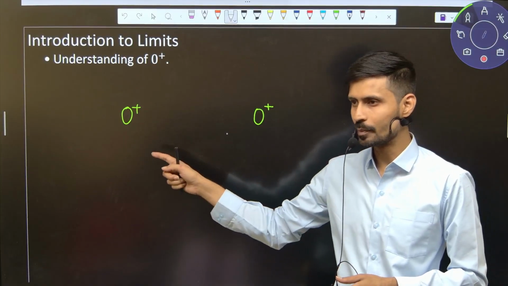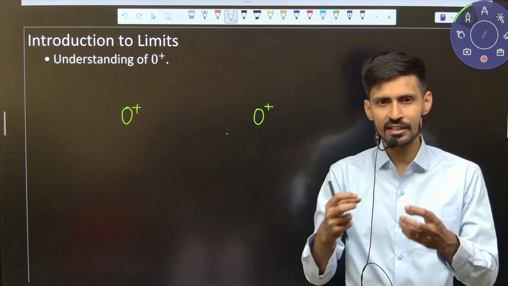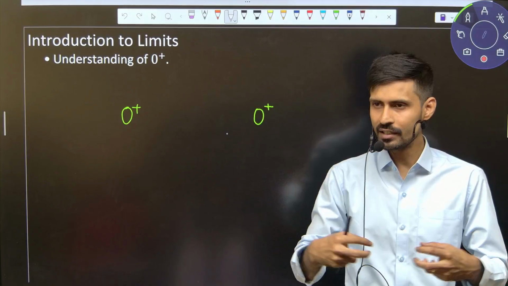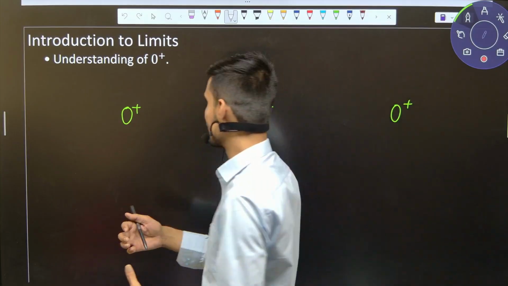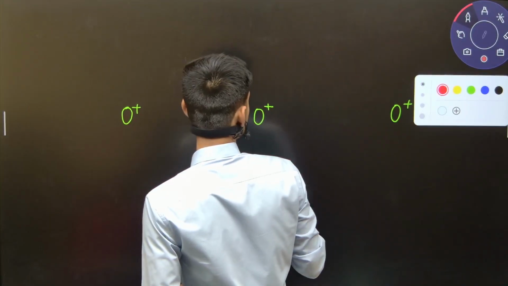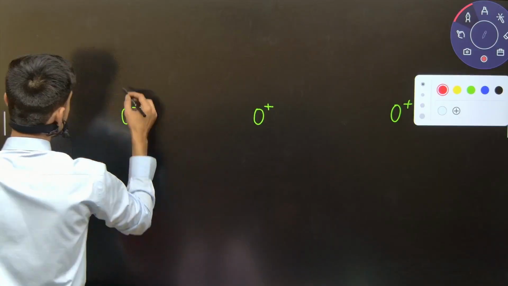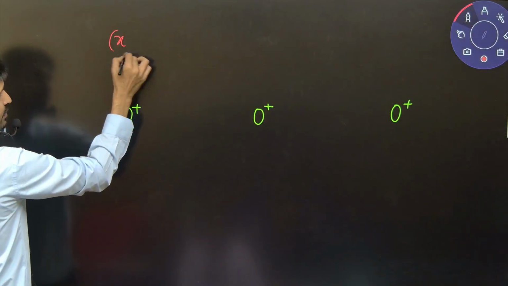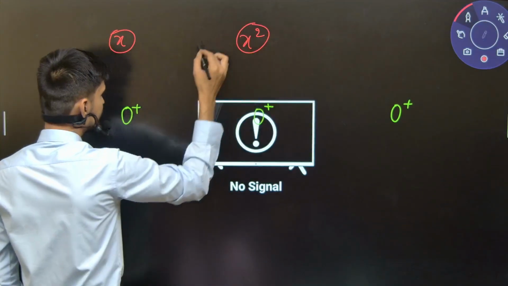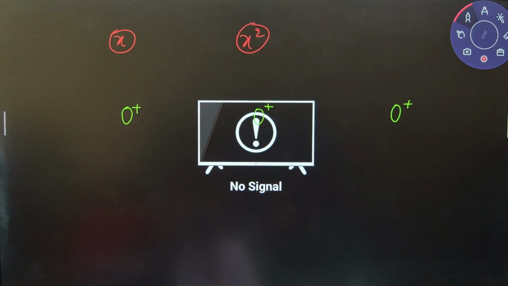And if this 0 plus, this 0 plus, this 0 plus are generated from three different expressions, then all three 0 plus will be different. What is the meaning of that? Now see here. First, let me take one expression x. Let me take one expression x square. Okay? And let me take one more expression.